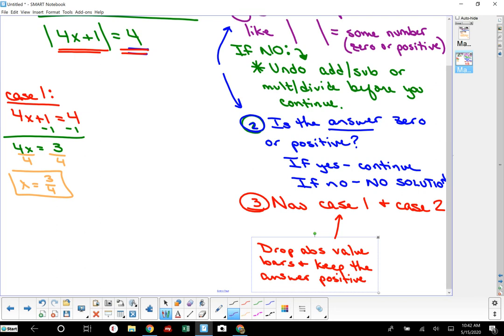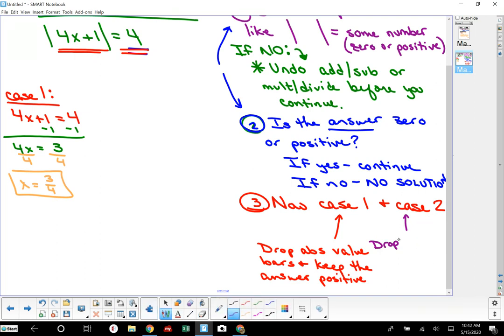Case 2, you are going to drop the absolute value bars. I'm sorry, my brain is going faster than my hand can write.